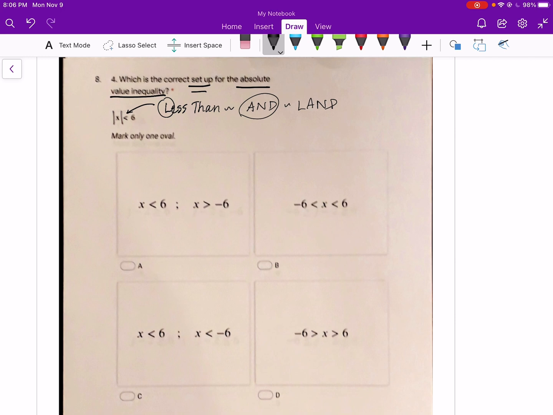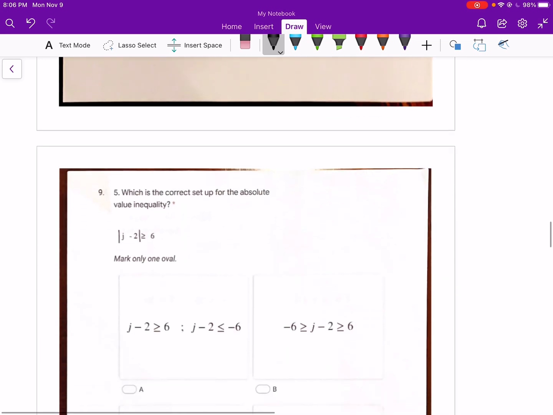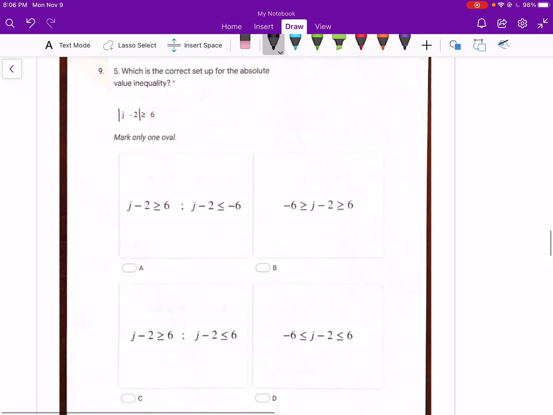So if it's a land, what you do is you take this original, you make the B a negative, you use the same sign, and then you drop the absolute value signs and copy the rest over. So the setup itself would just be negative 6 is less than x, which is less than 6, which is B, which really is the solution too, if you think about it, because there's nothing more you can simplify there.